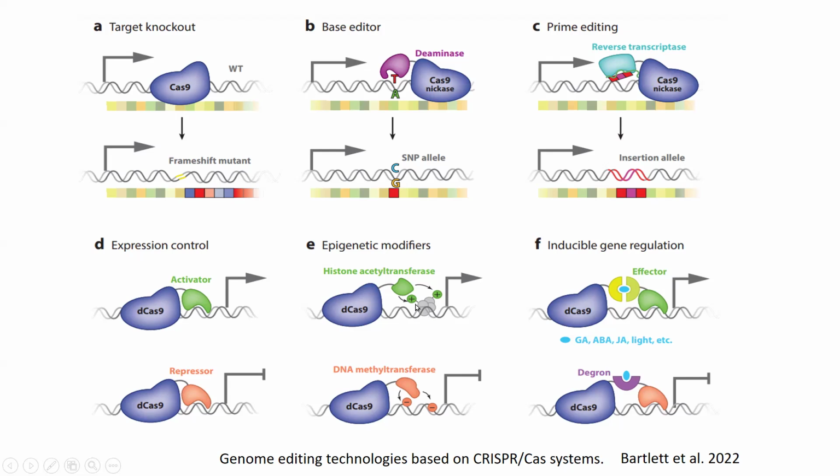Epigenetic modification means the ATGC sequence is the same, but if the sugar hydroxyl group is replaced by methyl, in that case, you can even correct it. Inducible gene expression, even at the effector level, you can modify. As a repressor, you can use DNA methyltransferase or degron. Lots of things are now emerging to bioengineer the cell or the RNA or DNA.